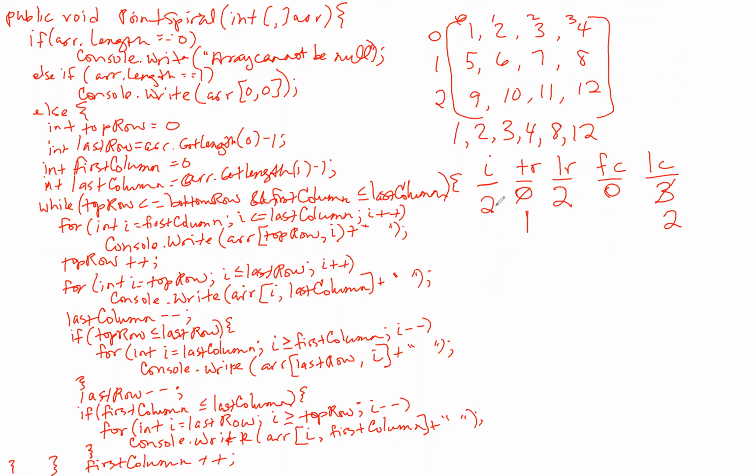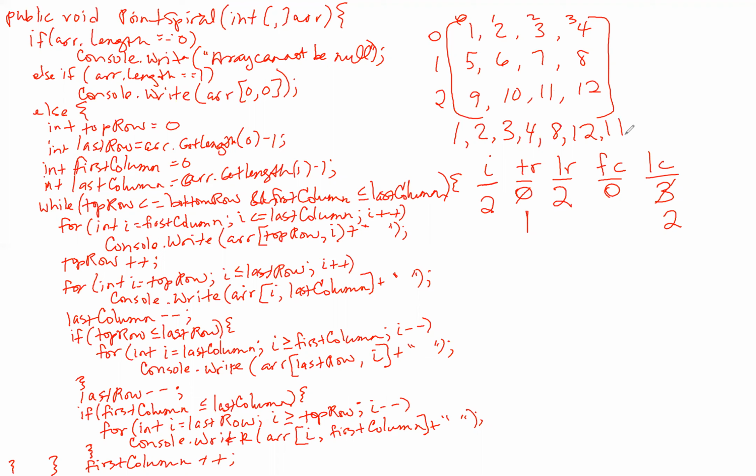Console.write array at last row, so last row is 2, so array at last row, I, which is 2. Which is here, 11.